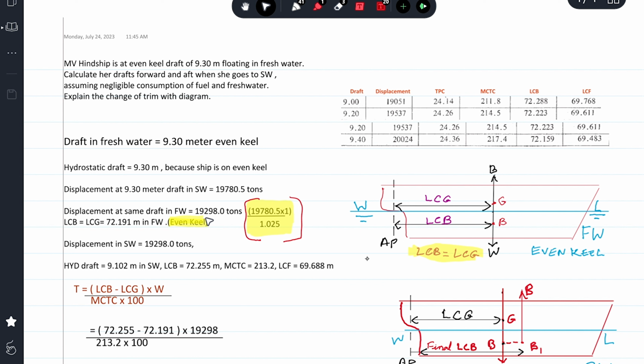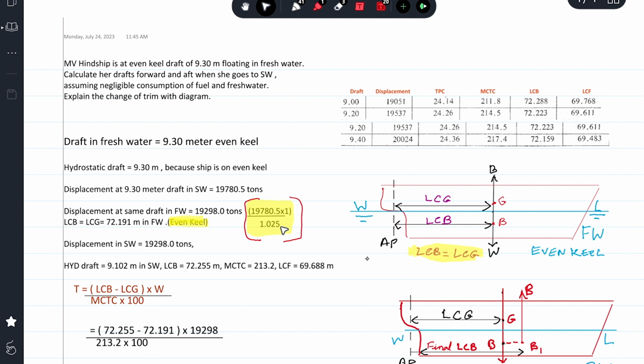So what is the displacement in fresh water? I have the displacement at 9.30 meter in salt water. So if I divide the displacement by density of salt water, I will get underwater volume at 9.30 meter. Then multiply by the density of fresh water, I will get the displacement in fresh water.